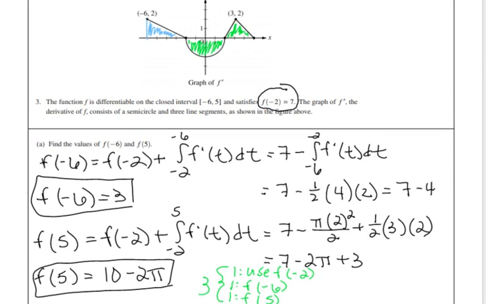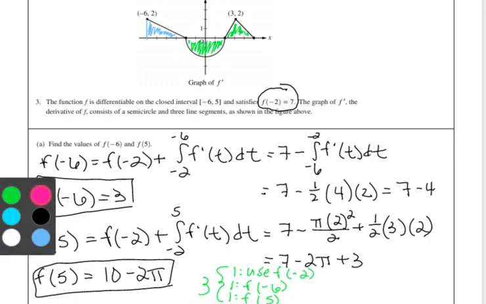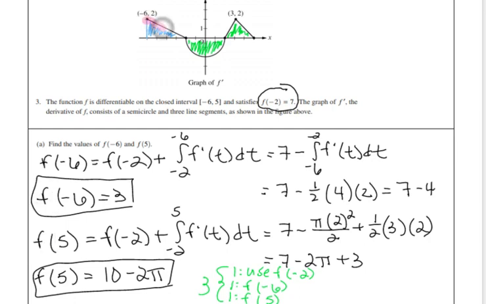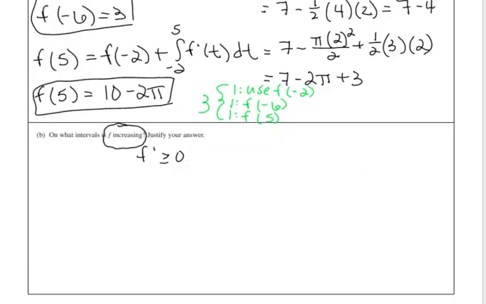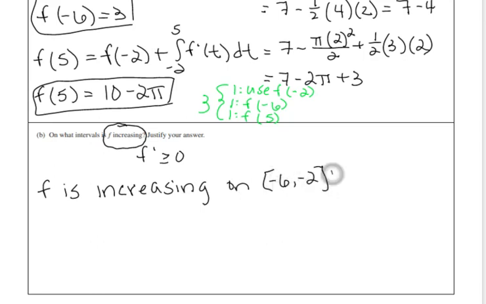So we can see that that happens from -6 to -2, and then it happens from 2 all the way to 5. So f is increasing on -6 to -2 union with, what did I say, 2 to 5?